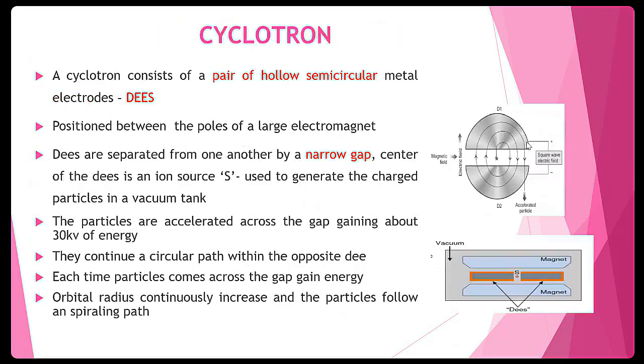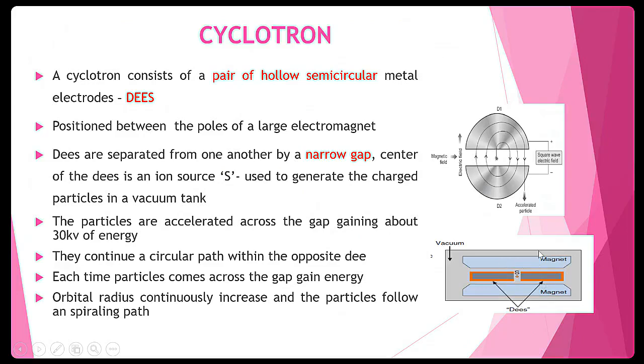So we are learning about the cyclotron. A cyclotron consists of a pair of hollow semicircular metal electrodes. This is a pair of semicircular hollow structures made up of metal. They are called Ds because of the shape of a D, and they are placed between the poles of the magnet. You can see these are the Ds, and the magnet will be there.